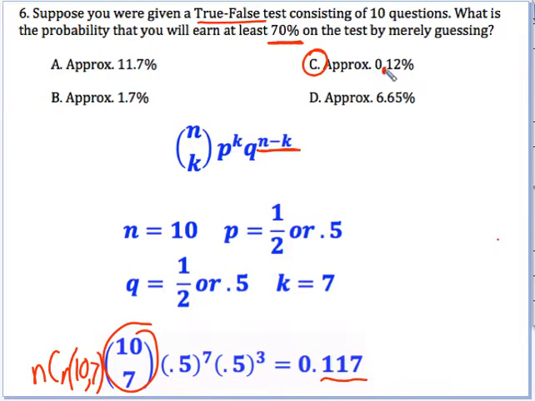But notice you have a percent symbol here. When you're doing percents, you need to move your decimal over 2. And so my correct answer would be 11.7%, which is A, not C.